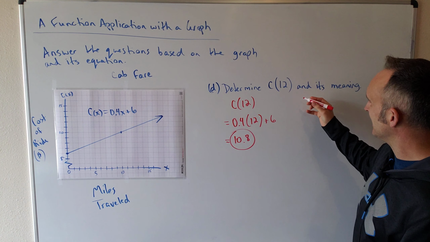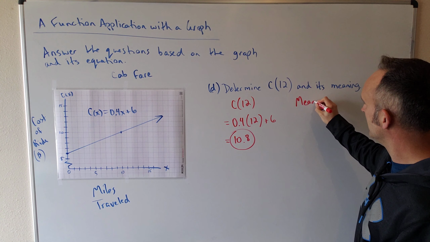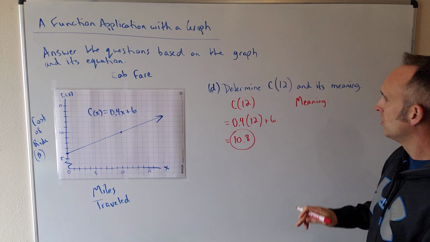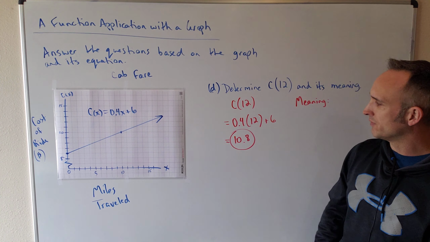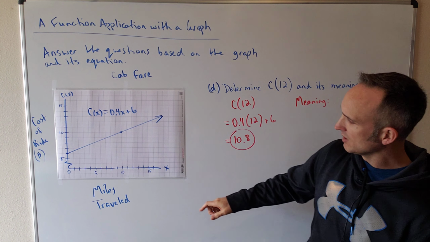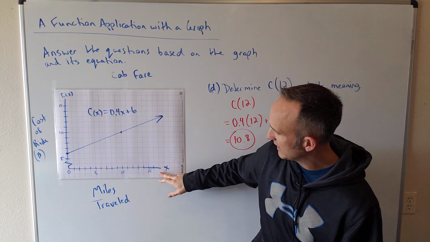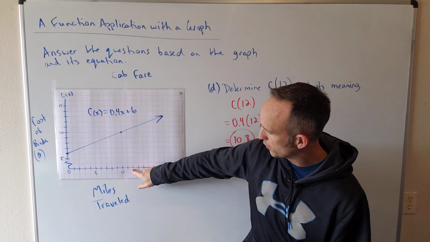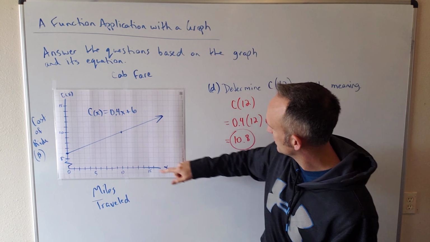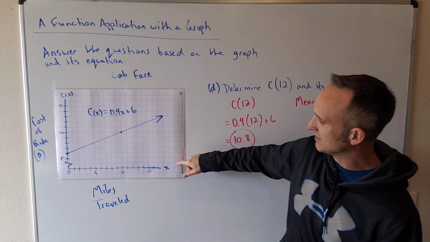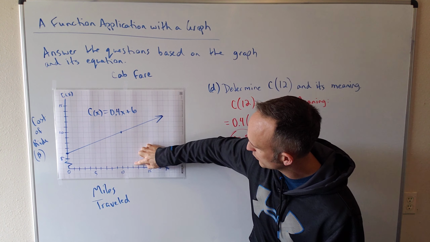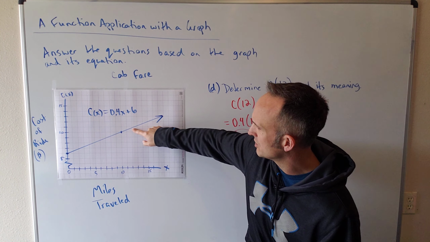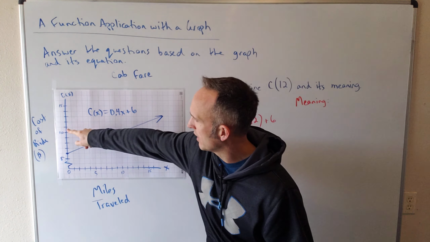What is the meaning? So let's describe the meaning. Well, if we use the graph for context again, it's telling us that x is miles traveled, and here x is 12. So if we travel 12 miles, the cost is going to be $10.8. And that seems to look about right on our graph.